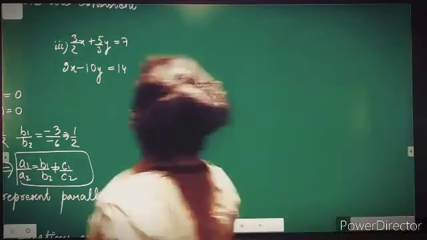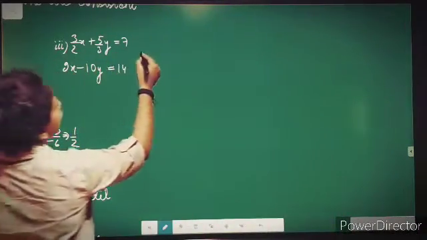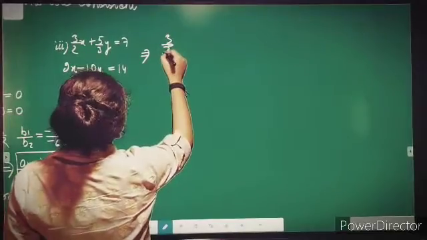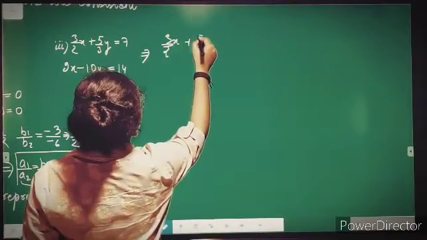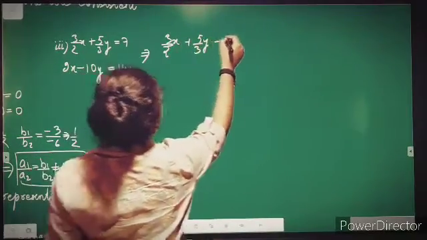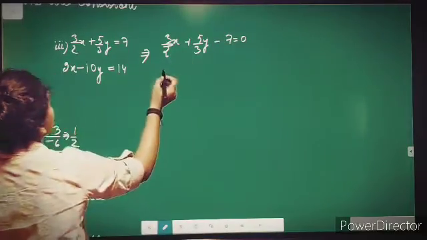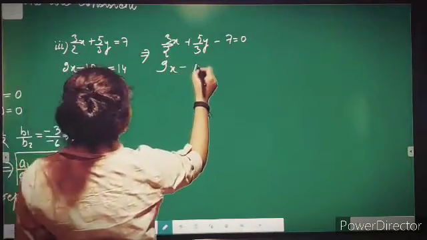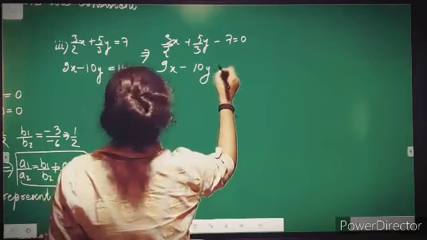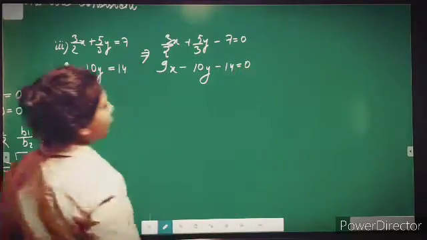Next, in the third part, let us again take the constants to the LHS. 3 by 2 x plus 5 by 3 y minus 7 equal to 0. This is our first equation. The second is 9x minus 10y minus 14 equal to 0.